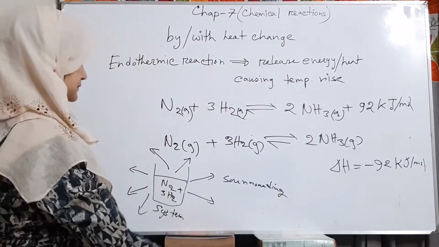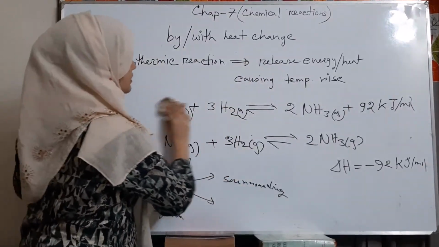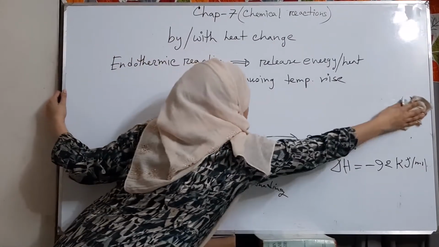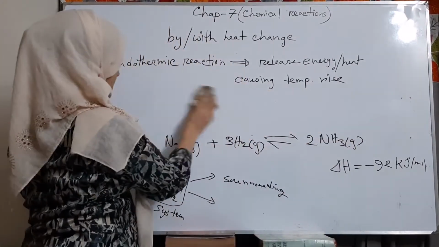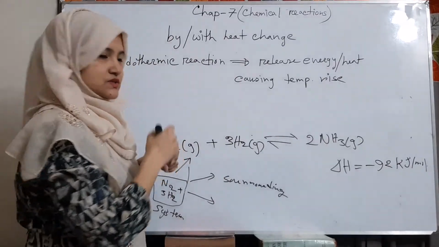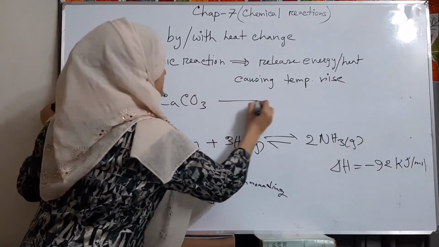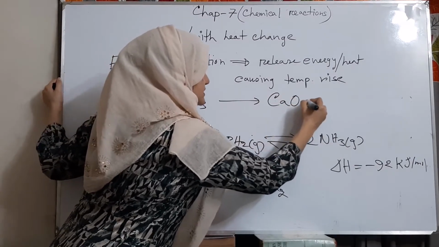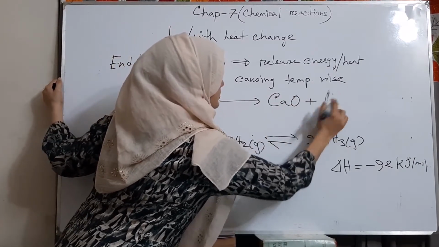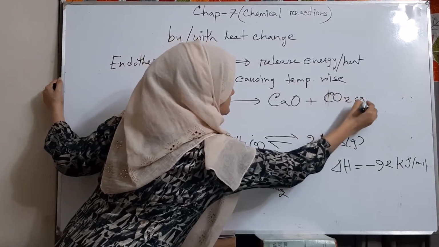An example of this is any decomposition reaction, which is generally endothermic. If we take calcium carbonate, it produces calcium oxide and carbon dioxide.